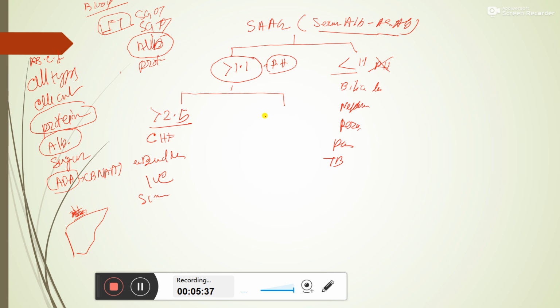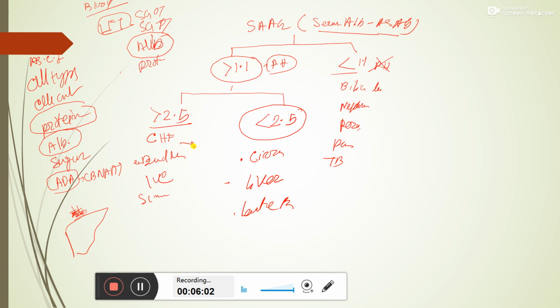If the total protein value is less than 2.5 among these high SAAG ascites, there are also some causes. There may be cirrhosis, liver metastases, and late Budd-Chiari.